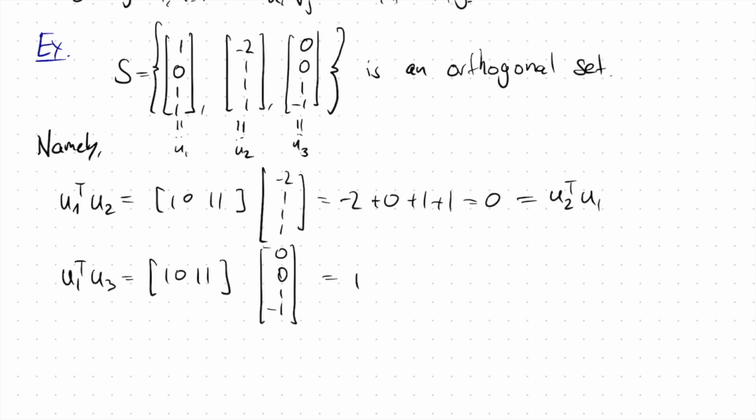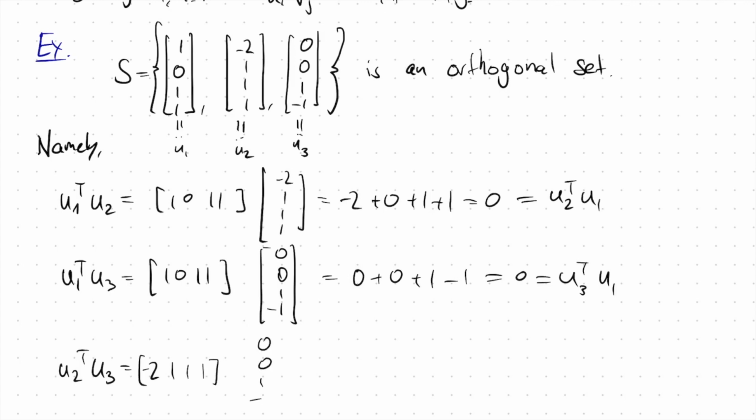This is 1 times 0, so 0, plus 0, plus 1, minus 1, which is also 0. And it's also the same as u3 transpose u1. And last but not least, u2 transpose u3 equals 0 plus 0 plus 1 minus 1 equals 0. Okay, so any two distinct vectors here are orthogonal.